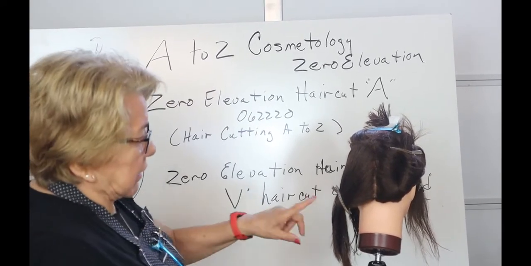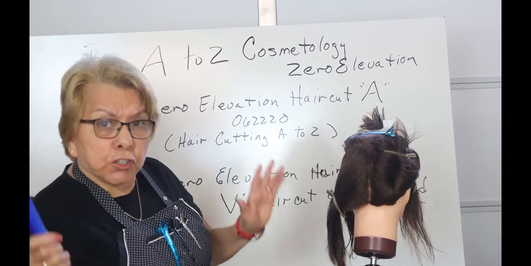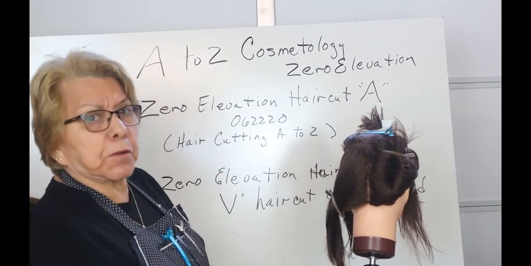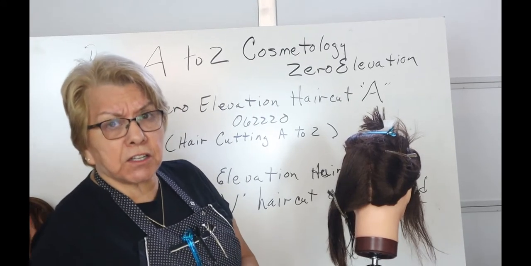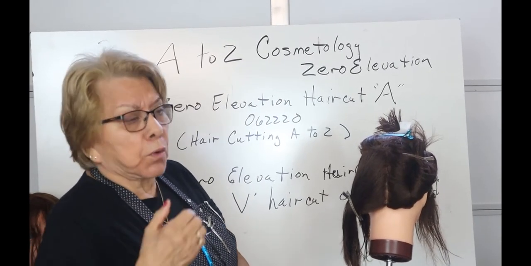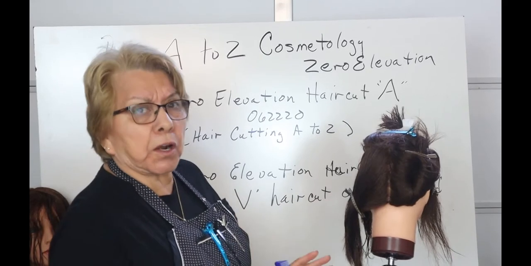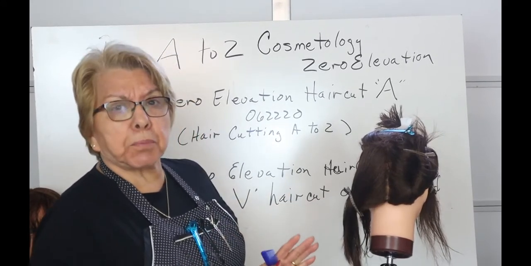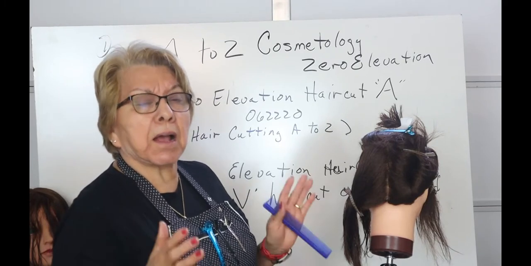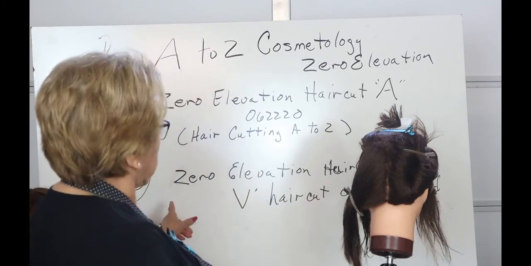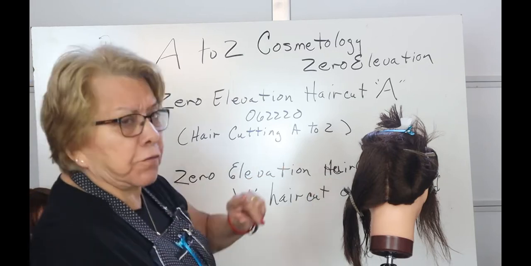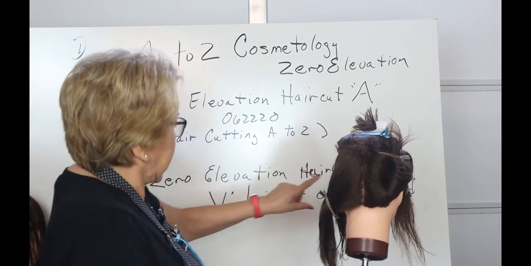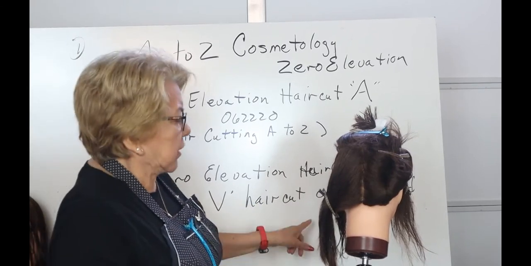This haircut is just going to be the cut. You should know the terms by now. If you watch these two videos, and if you've been practicing the head form that I gave you, with all the definitions and all the markings, you'll know where you're at. We're both going to be speaking the exact same language. So this third video on the zero haircut is going to be the zero elevation haircut, and we're also going to do the V haircut.